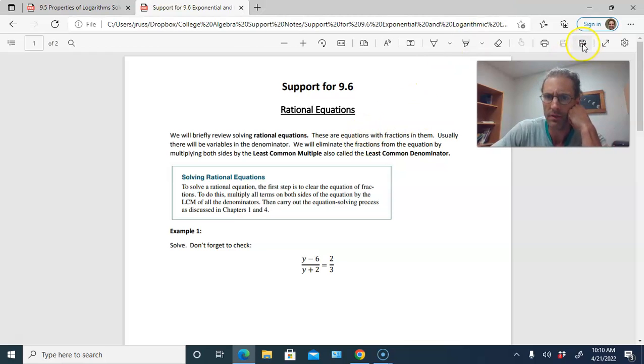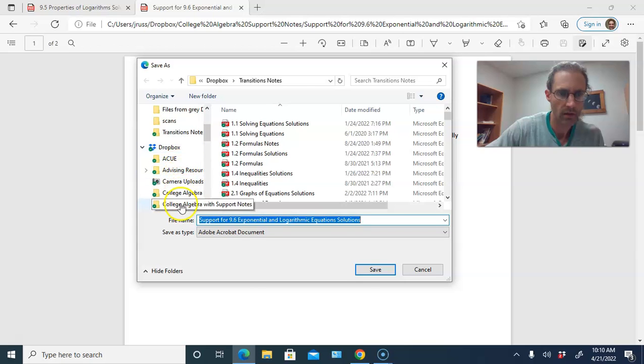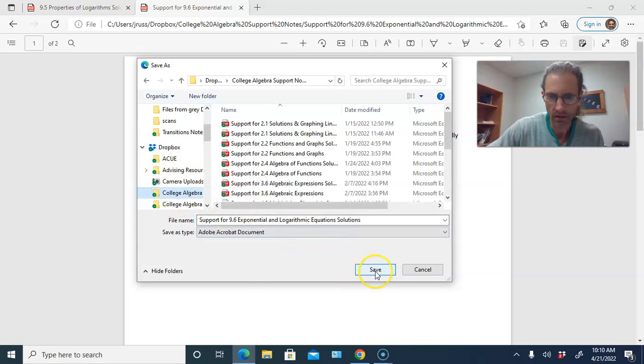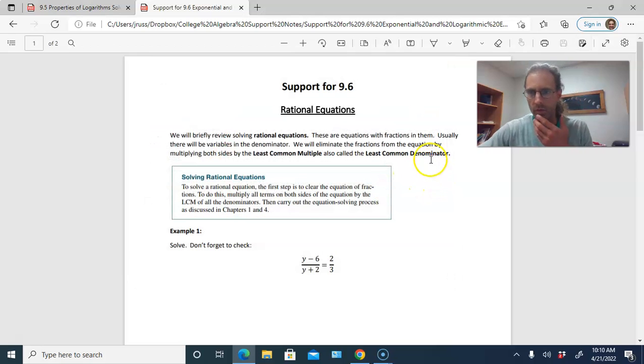A lot of this we've seen. I just kind of wanted to review a few pieces so that you'll be up to speed. So we're just going to briefly review rational equations. These are equations that basically have fractions in them.